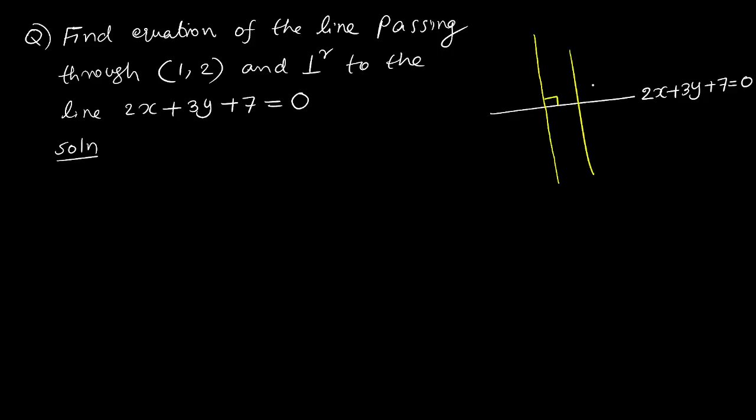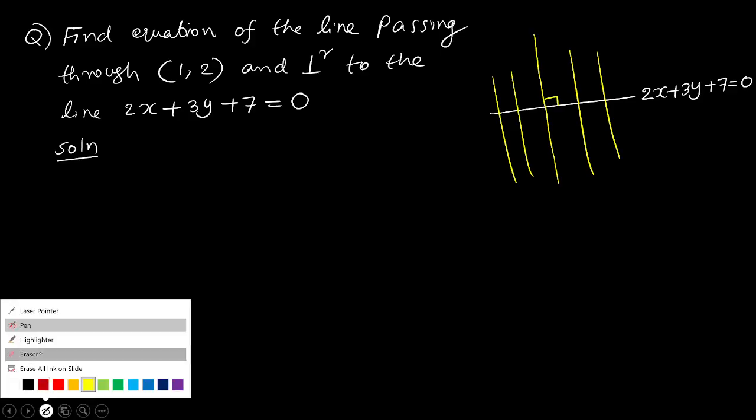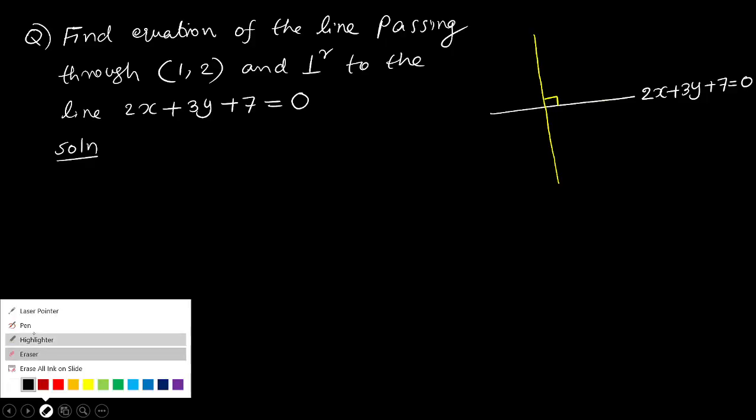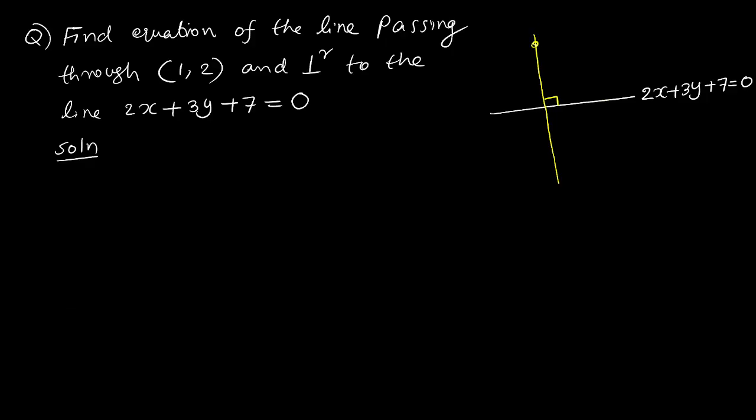There are plenty of perpendicular lines. All these are perpendicular lines. I want the perpendicular line which passes through (1,2). That is our question. You understood the question? Clear?